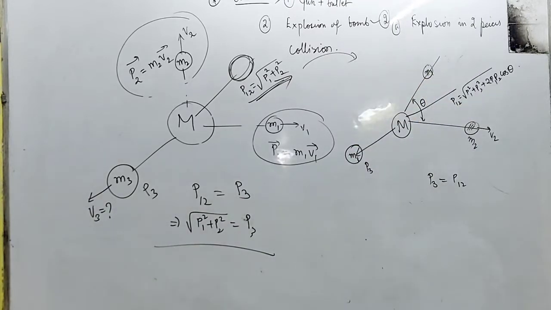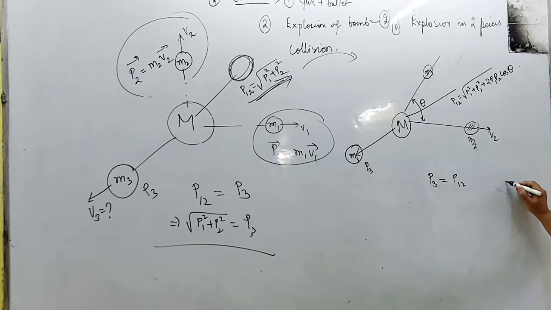They must give you the angle between the two fragments. This is vector analysis. For velocity, we get equations, but there are two unknowns.